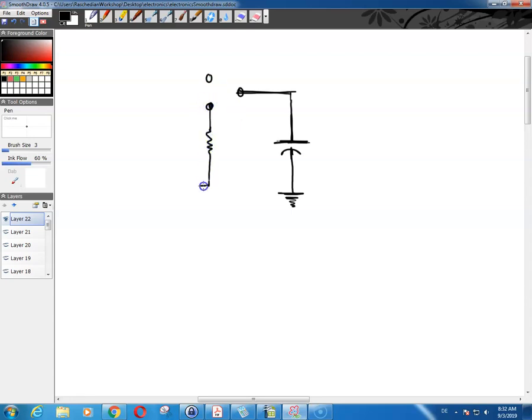So this resistor goes to ground, or it goes to some power supply, and this is your ground. Then your switch has a common contact. It's either connected to this or connected here, and you have two different positions, X and Y.